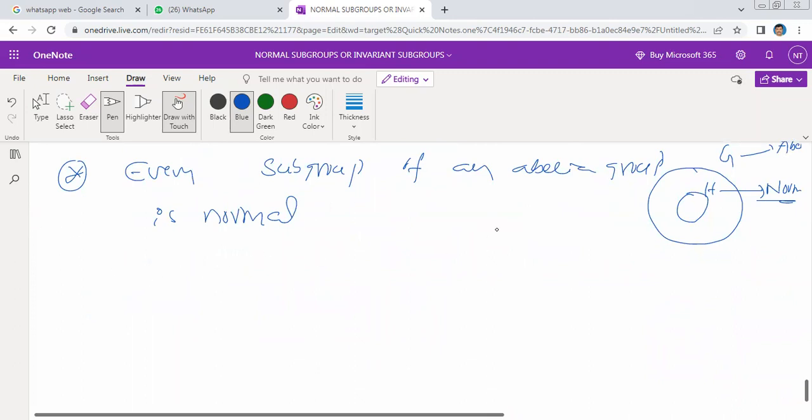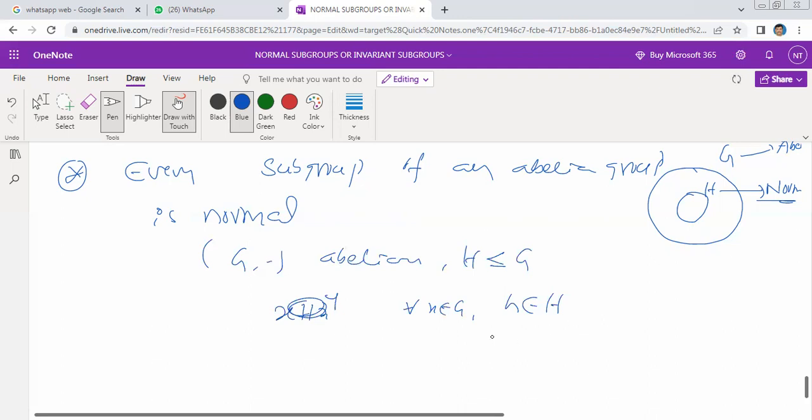Why? Because of the reason, you see, G, dot is abelian. H is a subgroup of a group G. Right, our definition X H X inverse. So, for every X belongs to G, h belongs to capital H. Now X h X inverse.